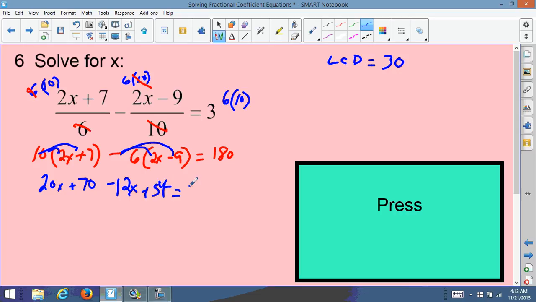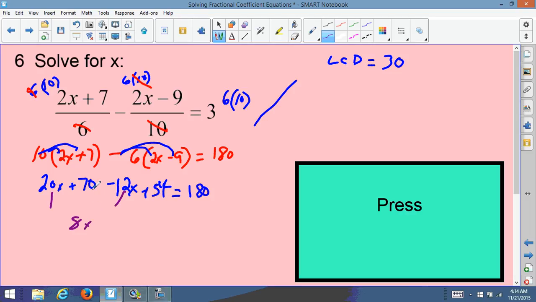And that is equal to 180. Notice how my equation is starting to clear up a lot better now. So I have a 20x and I have a minus 12x. So let's get another color. And bring this together. So the 20x and the 12x, that'll give me 8x when I subtract.